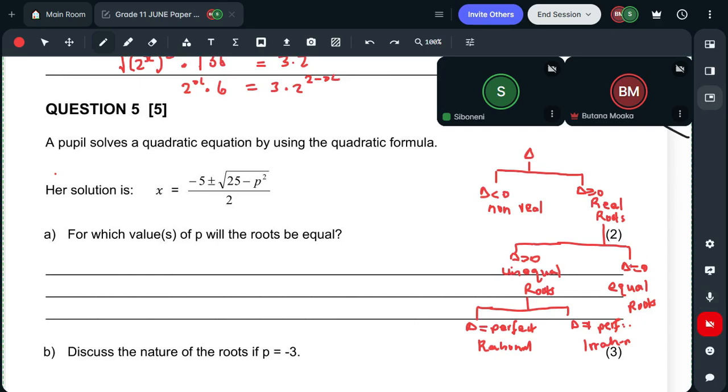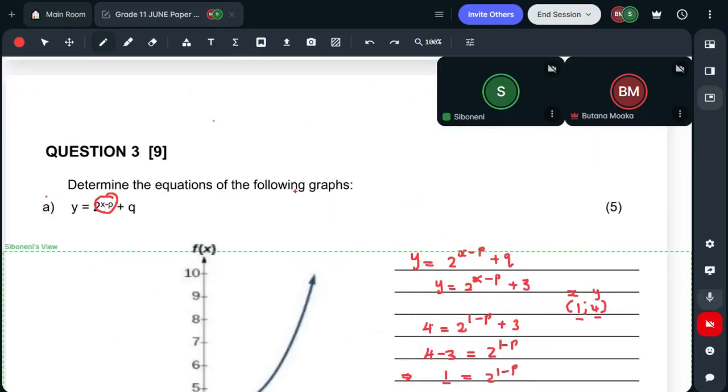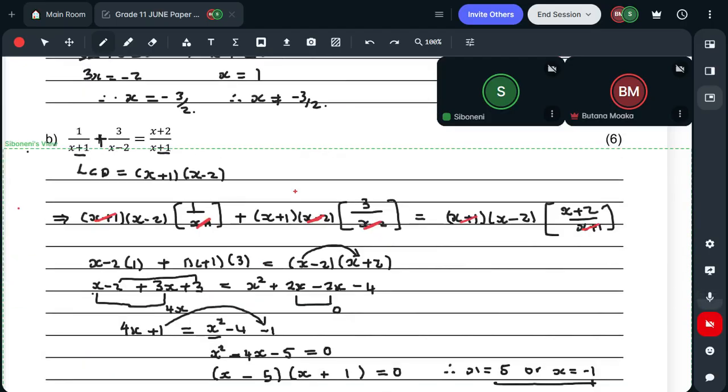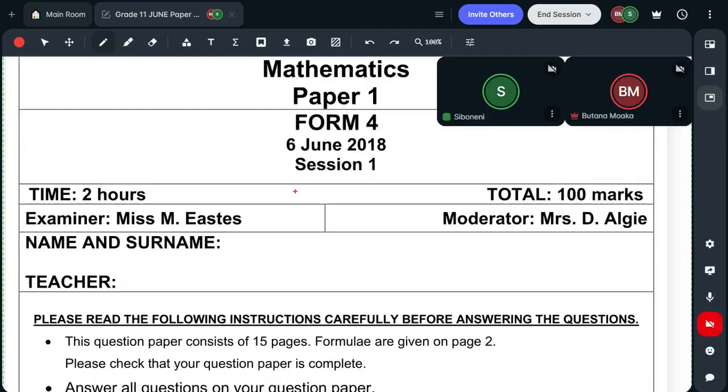But in this problem, they said, where will the roots be equal? So we know that the discriminant must be 0. And the formula for discriminant is b squared minus 4ac. Then we don't have to stress, because from the given equation, let me quickly check this.